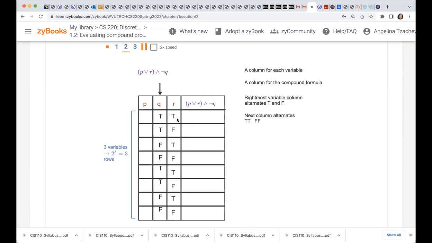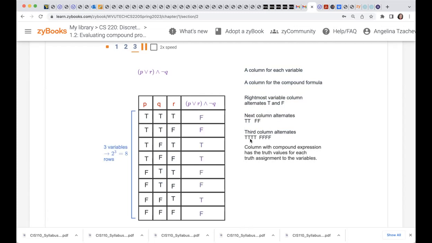If P is true and Q is true and R is true, then what would be the result here? If all of them are true, what would be the result of this expression? It will be false, because we're taking the negation of this and the end.